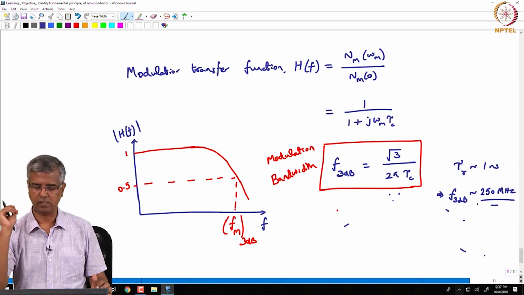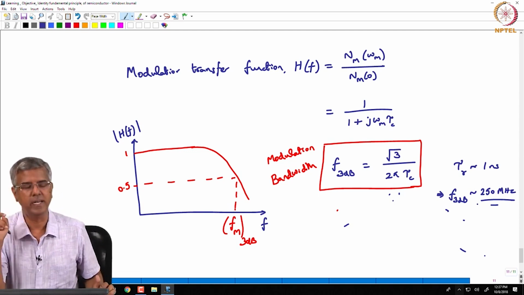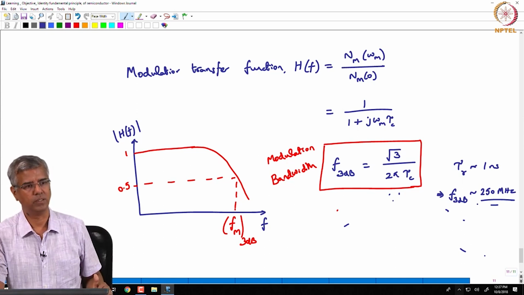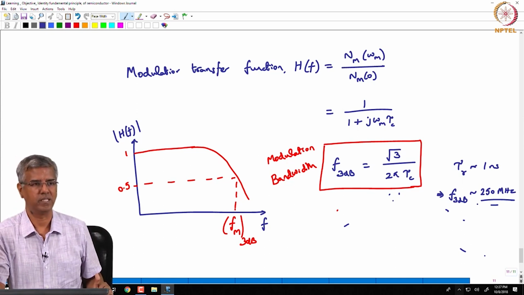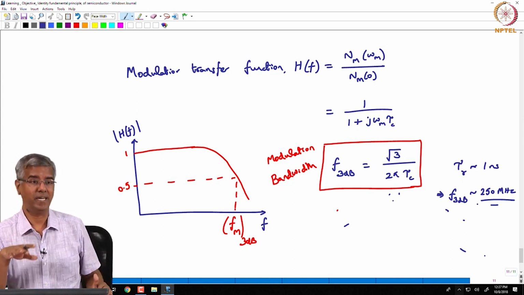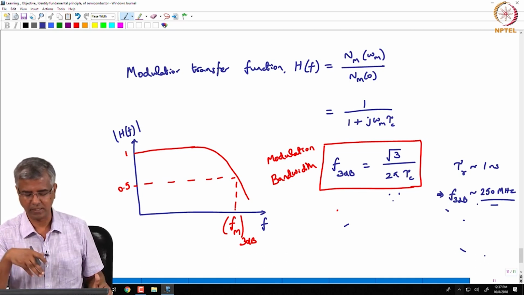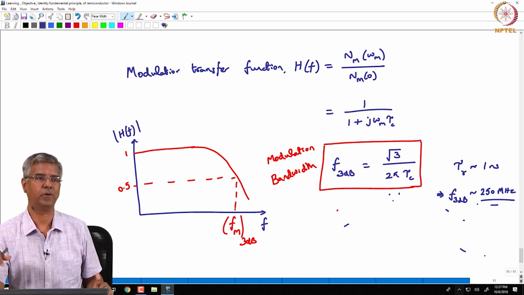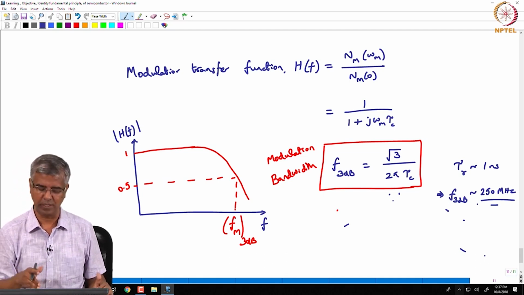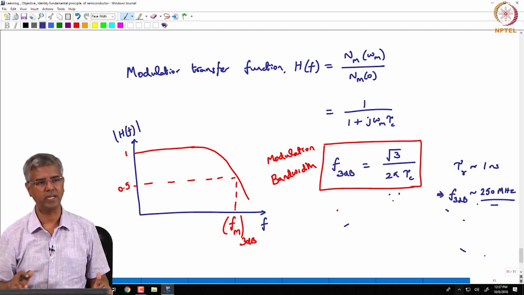So, the question is, is the phase nonlinear when you go to even higher frequencies? There is a phase delay, yes, because it is not responding quickly enough, but there is nothing in this that says the phase is nonlinear. The phase will be nonlinear if your modulation transfer function starts having some other features in it.